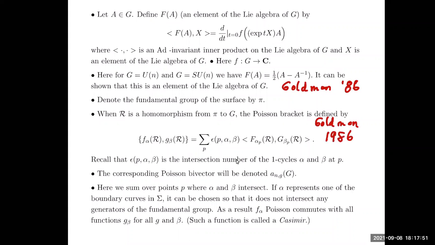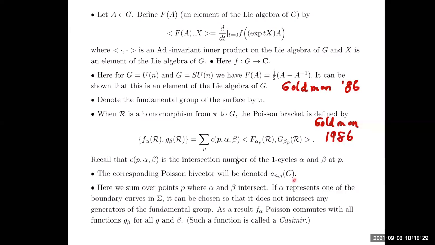I'll talk about references at the end. So that is the Poisson bracket, and the Poisson bivector will be denoted. So here we're summing over the points where alpha and beta intersect.